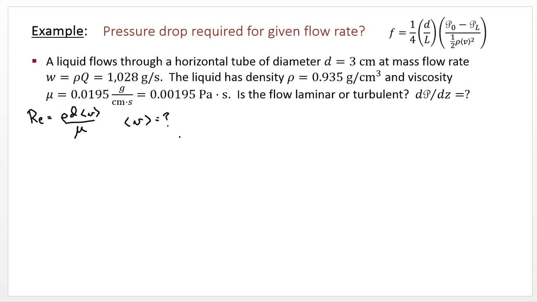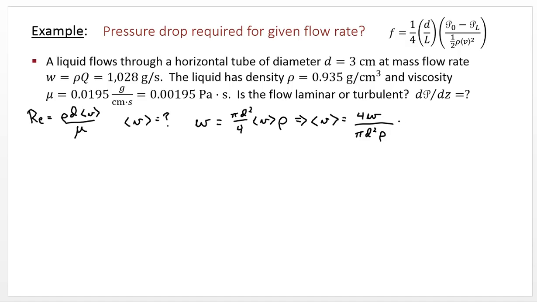We are, however, given the mass flow rate, W, and W is equal to the product of the cross-sectional area of the tube, which is pi d squared over 4, multiplied by the average velocity multiplied by the density. Consequently, we can see that the average velocity of the liquid through the tube is equal to 4W, 4 times the mass flow rate, divided by pi d squared rho.